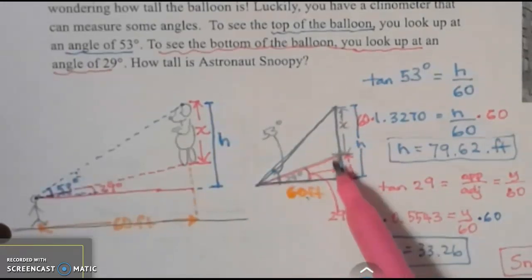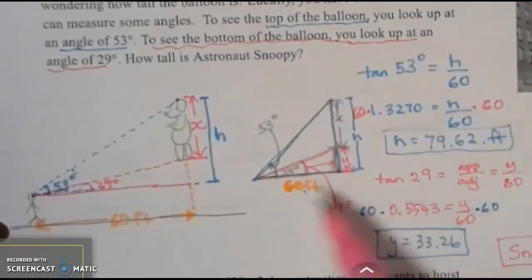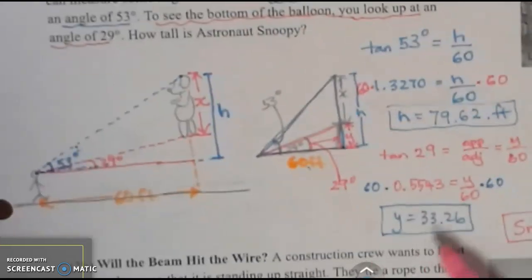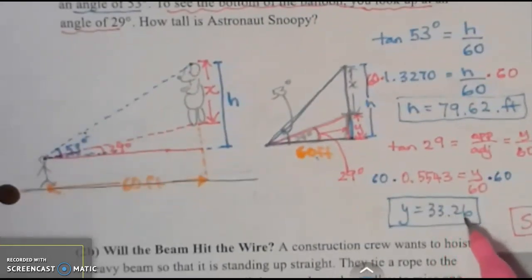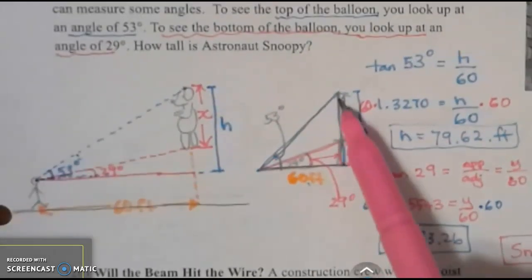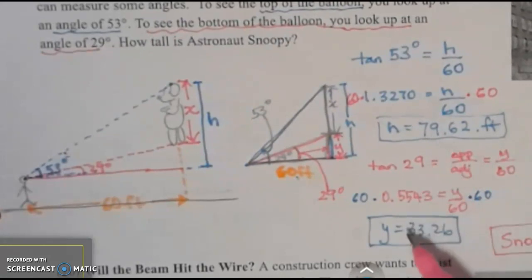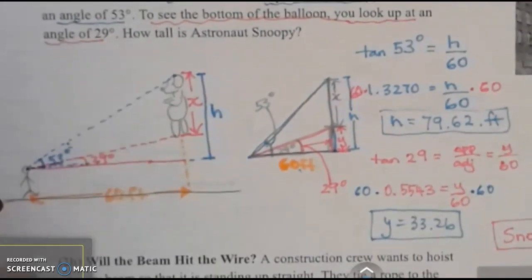And then there is another triangle, the pink triangle, that tells me where the foot or the bottom part of the Snoopy starts. And that tells me it's 33.26 feet. So then to find X, that's the height of Snoopy, I need to subtract H minus Y. And that leaves me with 46.36 feet, or approximately 46 feet.